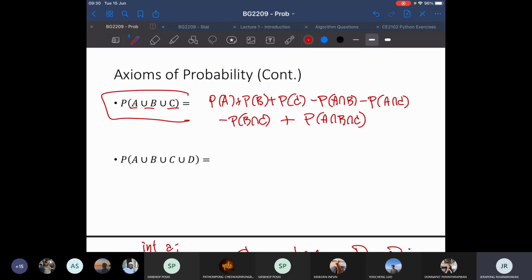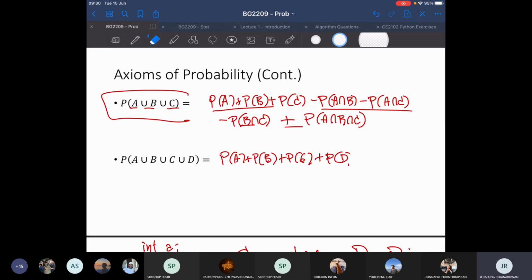P(A) plus P(B) plus P(C) plus P(D), minus P(A intersect B) minus P(A intersect C) minus, this one is a little long, so you can do the thing here.